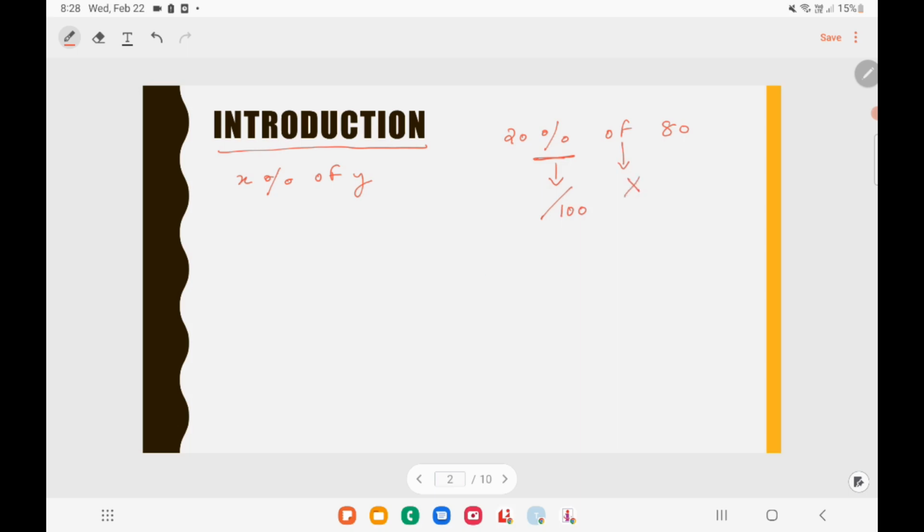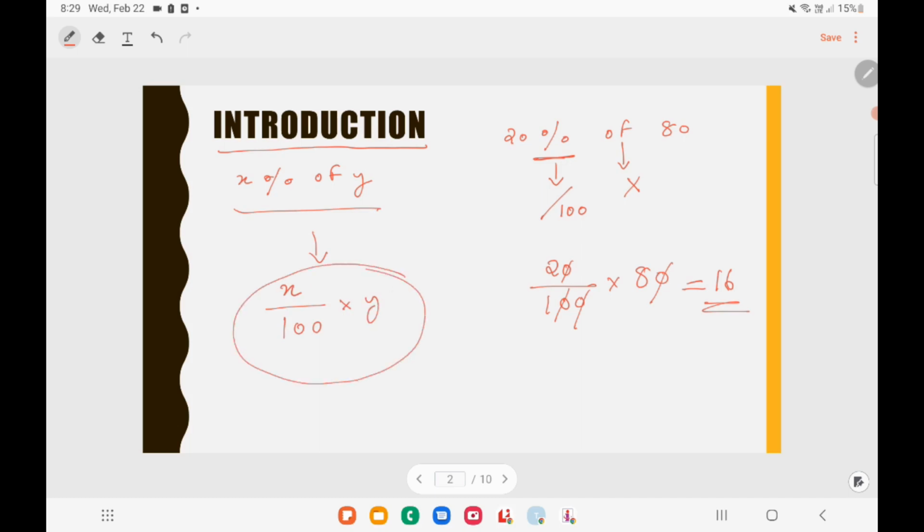So 20% of 80 means 20 by 100 into 80. We can cancel like this. You will get 16. That means 20% of 80 is 16, or X percentage of Y means X by 100 into Y. This you need to remember.